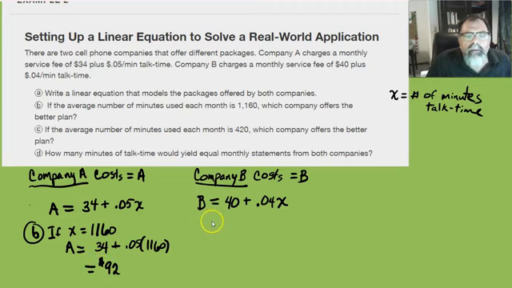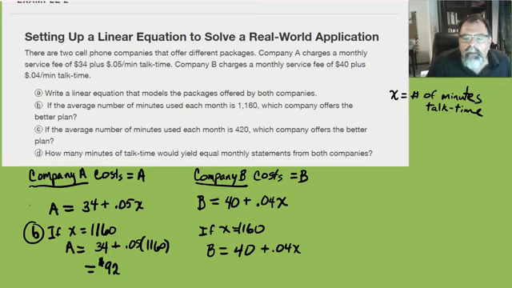All right, so B. Same thing, if x is 1160, the cost B is going to be 40 plus 0.04x.